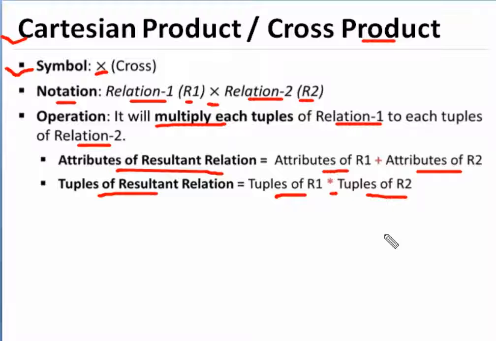Okay, so finally we will get 5 attributes, and the number of tuples in the result will be 15, if R1 has 2 attributes and 5 tuples, and R2 has 3 attributes and 3 tuples.